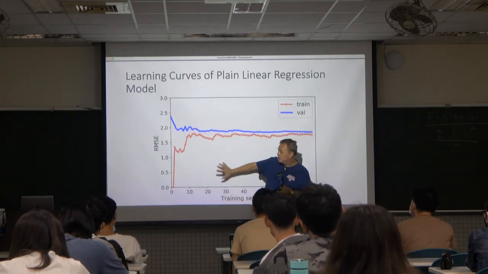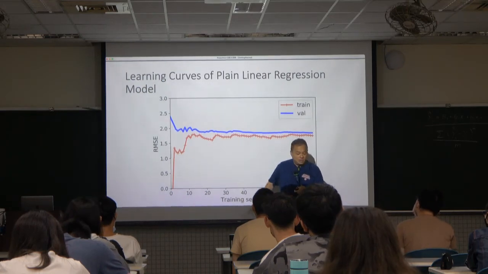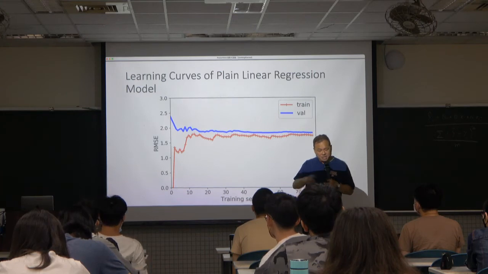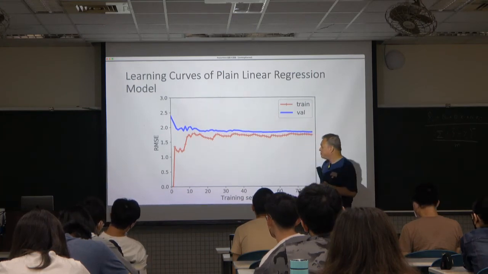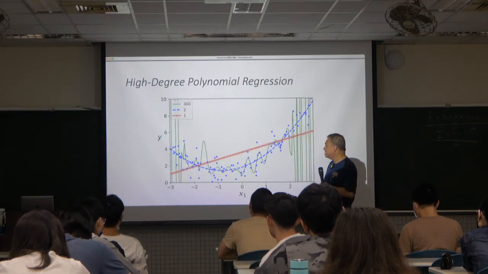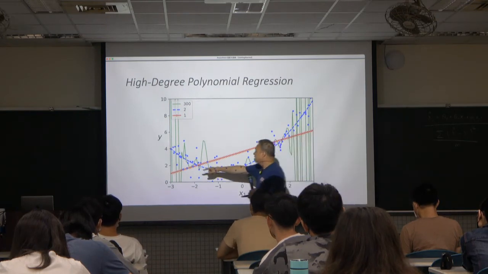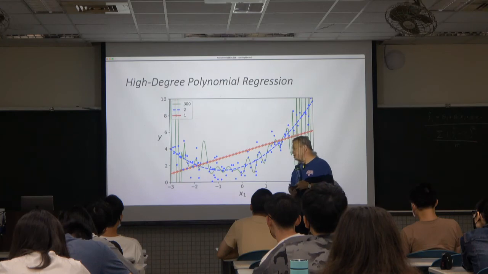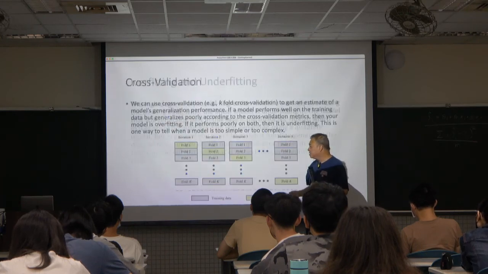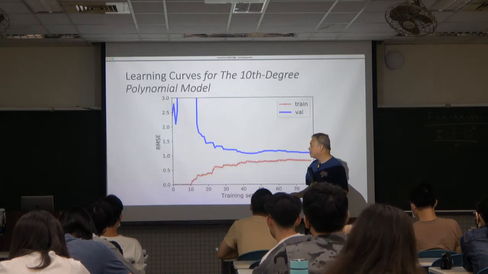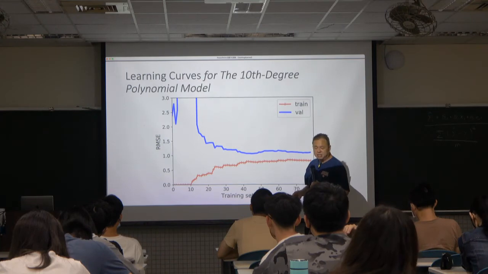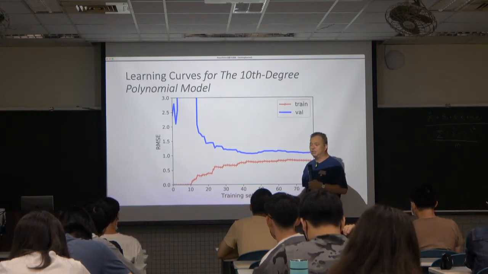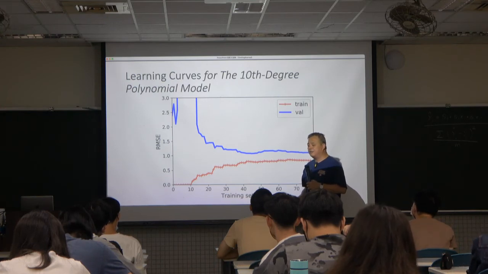This is the learning curve of the linear line, based on the training set and validation set. The reason is that we assume the trend of the data set is linear.